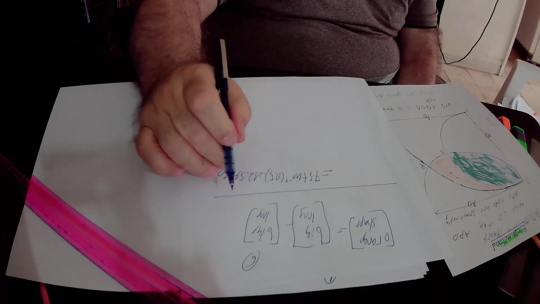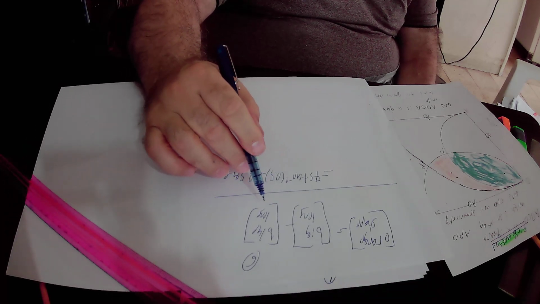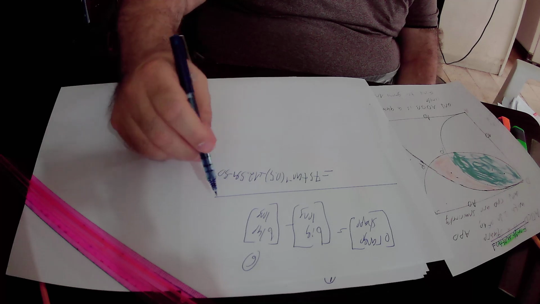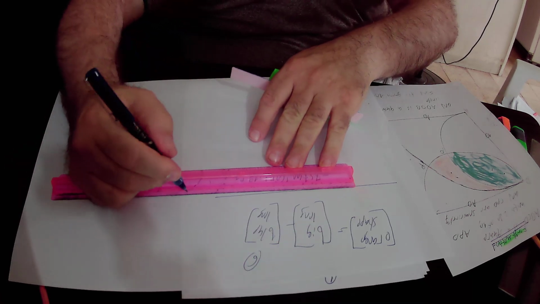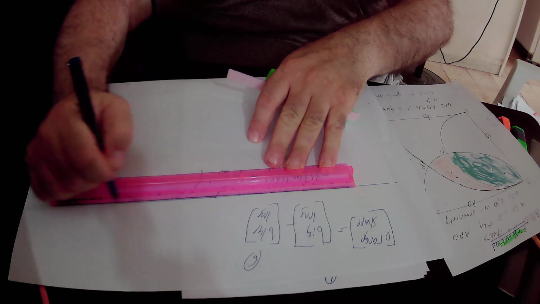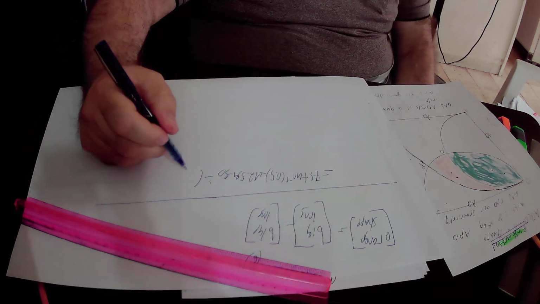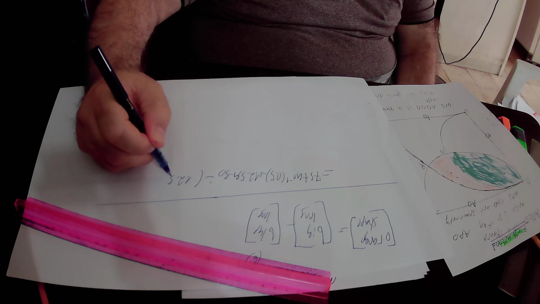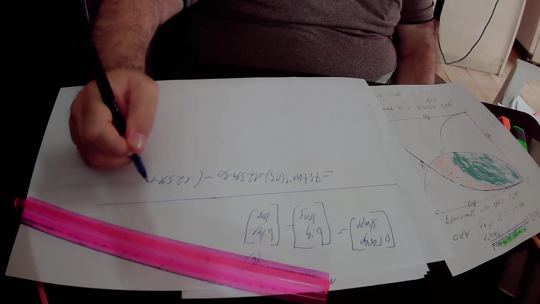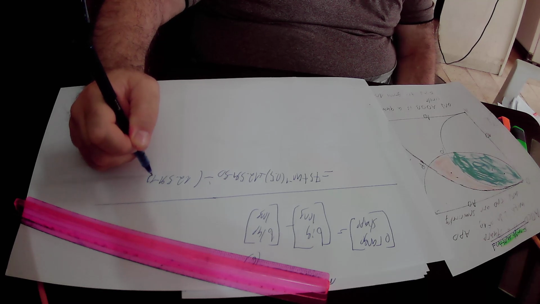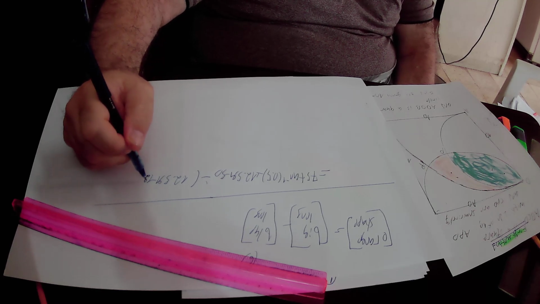This is the area of the big lens, and we have to subtract from it the area of the blue lens. And we have already found out that the area of the blue lens equals 12.5 pi minus 25. 12.5 pi minus 25, yes.